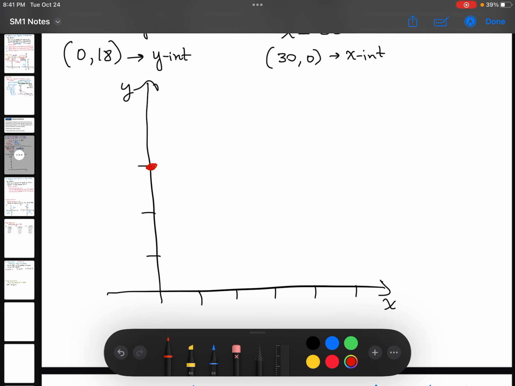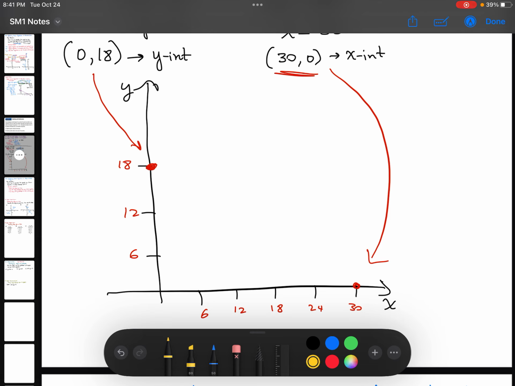This is the y-intercept. I just want to make sure you understand what we're doing here. We are plotting this, and now this one is going to be right here. Okay, let me do this in yellow. So this is our line. So we already have the graph.